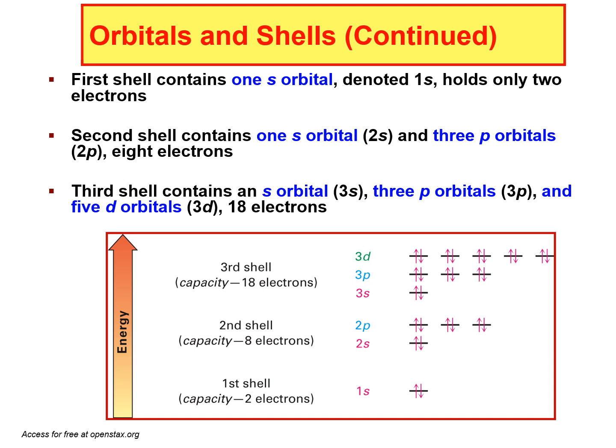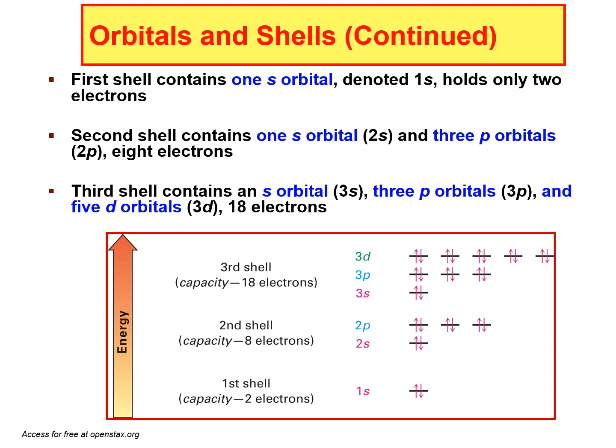Before that, you should also know that the first shell contains the 1s orbital, which can hold only 2 electrons. The second shell contains a 2s and a 2p. The third shell contains a 3s, a 3p, and a 3d.